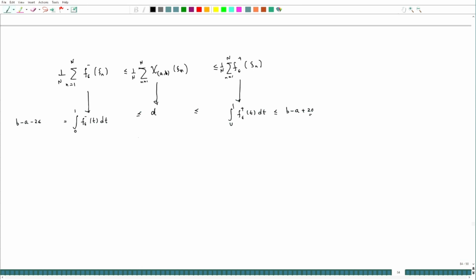Therefore, the limit as n goes to infinity is b minus a, true for all arbitrarily small epsilon.